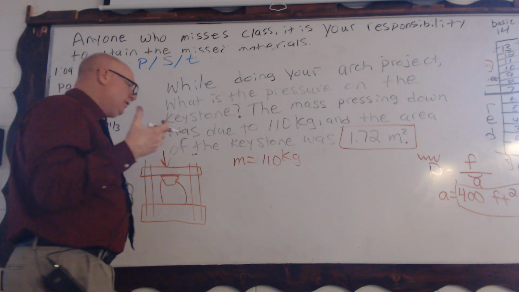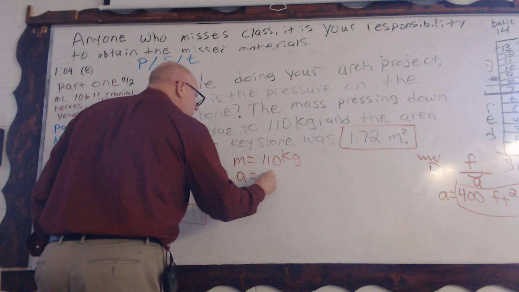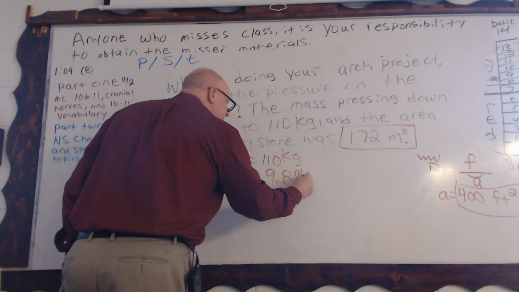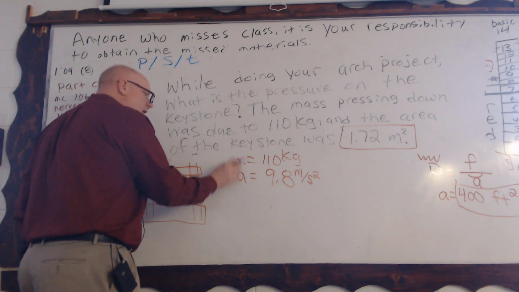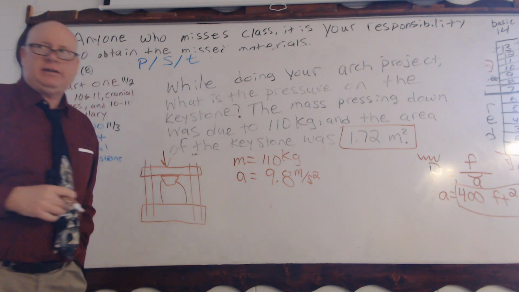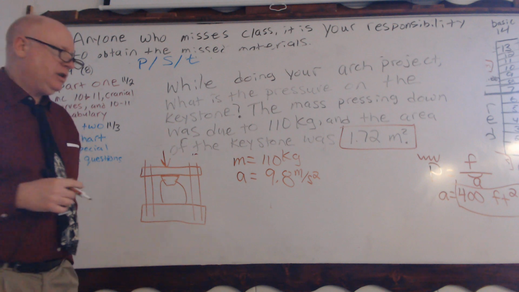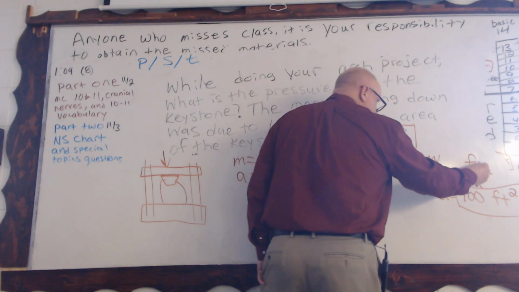Gravity. So does that gravity have a specific value? 9.8 what though? Okay? Because once we have a mass and acceleration, what can you calculate? Yeah, you can calculate the force because that's what's needed in this problem.